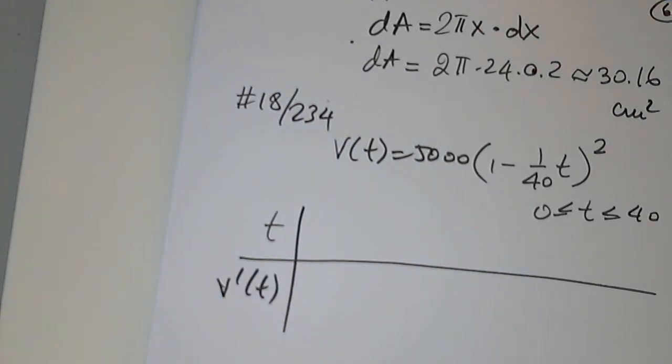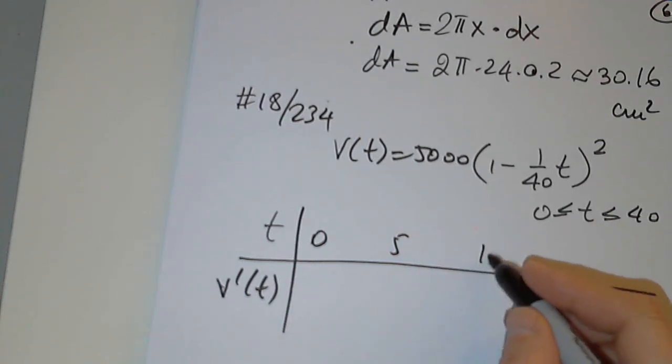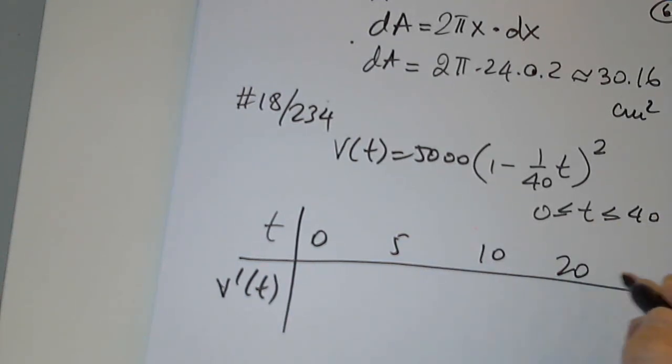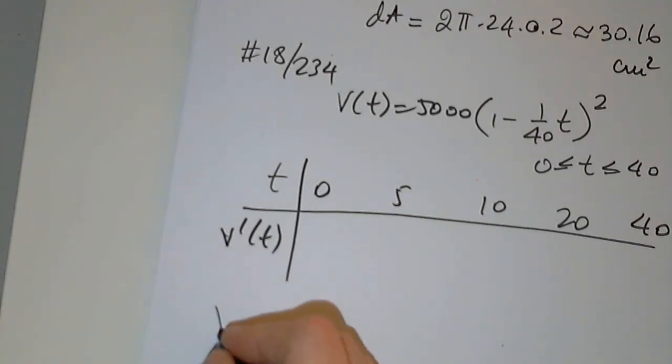They want the rate of change after 0, 5, 10, 20, and 40 minutes. We have to determine the derivative. What is the derivative of this function?